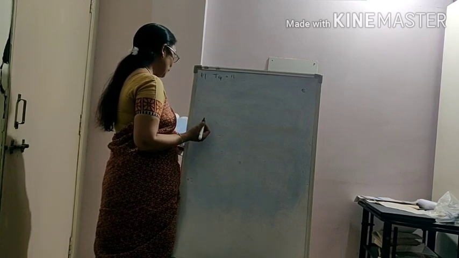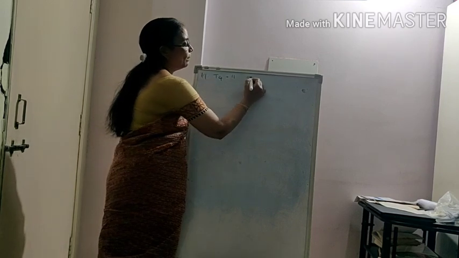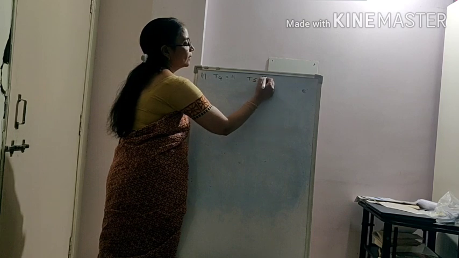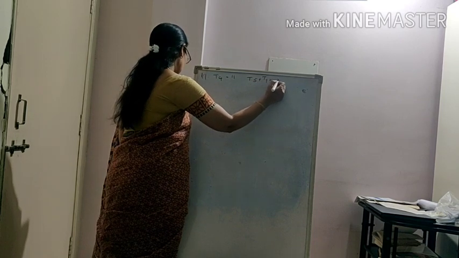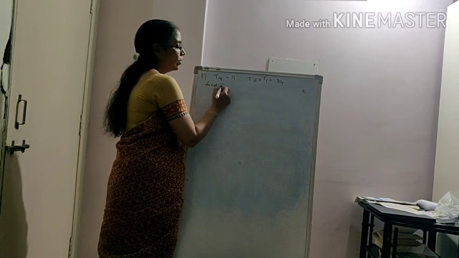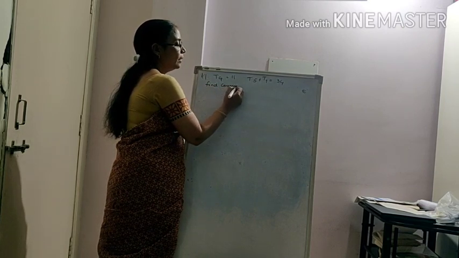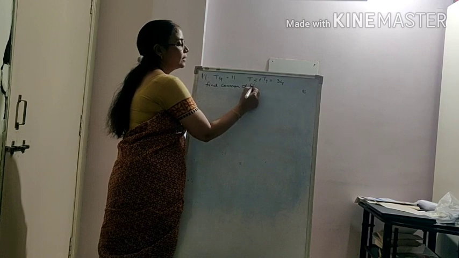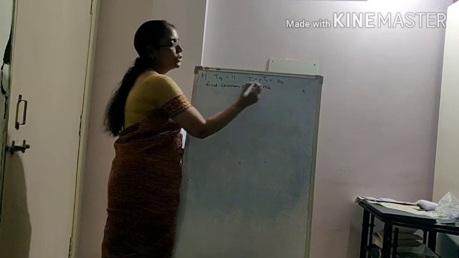The sum of the fifth and the seventh term of the AP is 34. Find the common difference. This is the question.